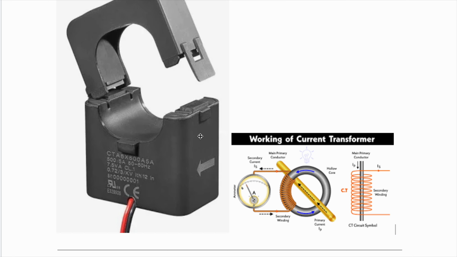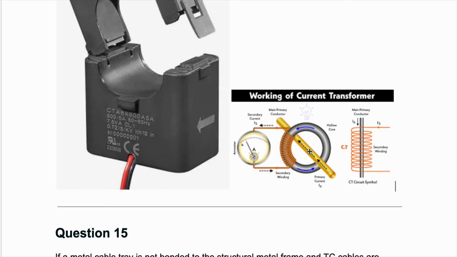When you close this clip, the magnetic field can flow in the clip and come here, and we have the secondary winding here, and the secondary winding makes a low level of ampacity. This conductor works as the primary winding, this one is the secondary winding, and this is the measurement.